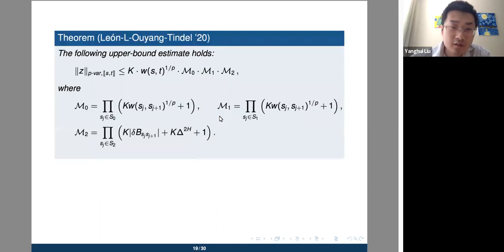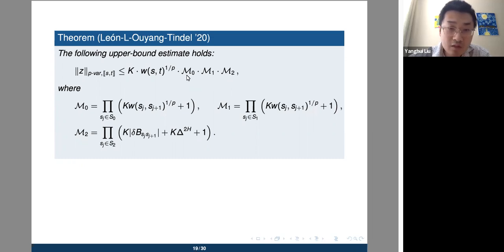So here's our upper bound. We can bound the p-variation of z by a constant times the control function from s to t to the exponent 1 over p, times three quantities M0, M1, M2.